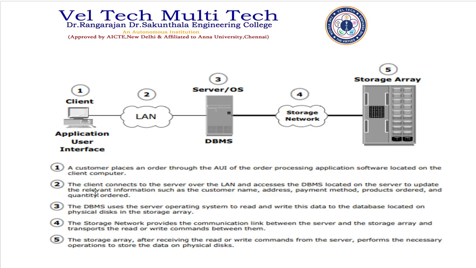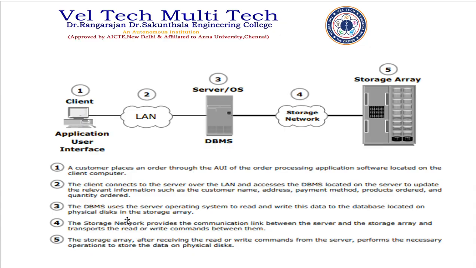to update the relevant information such as customer name, address, payment methods, product orders, and quantity ordered. The DBMS uses the server operating system to read and write this data to the database located on the physical disk in the storage array.